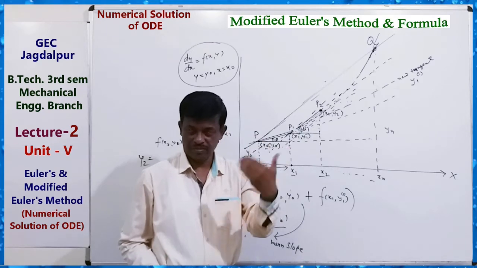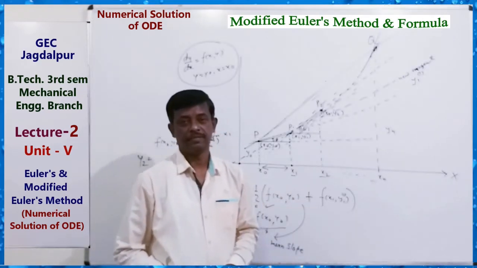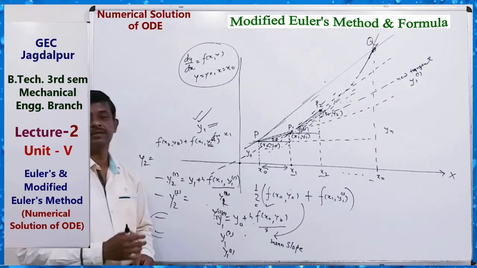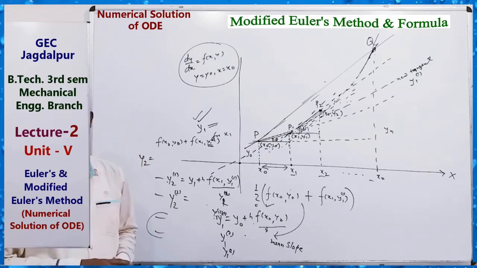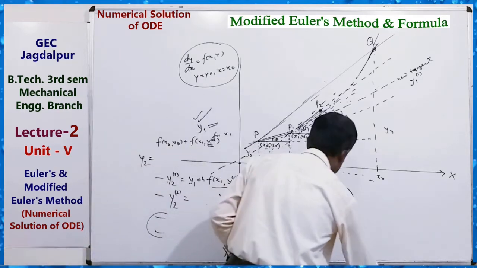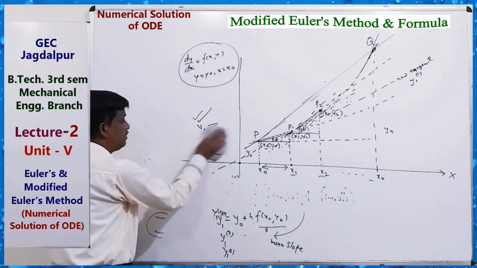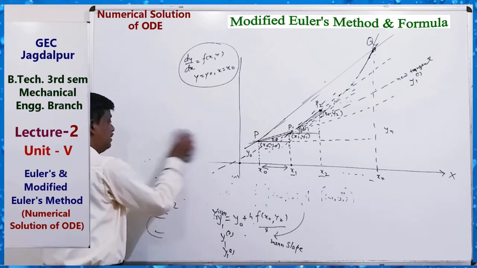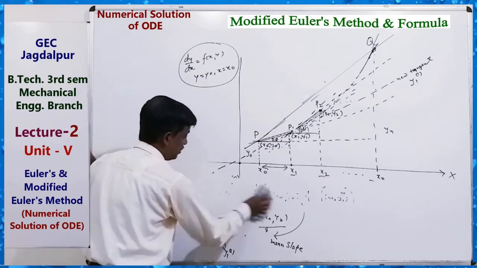We will find the approximation value for this and this. That will be our answer. So the modified Euler method gives a more accurate approximation to the value of y by using a formula.